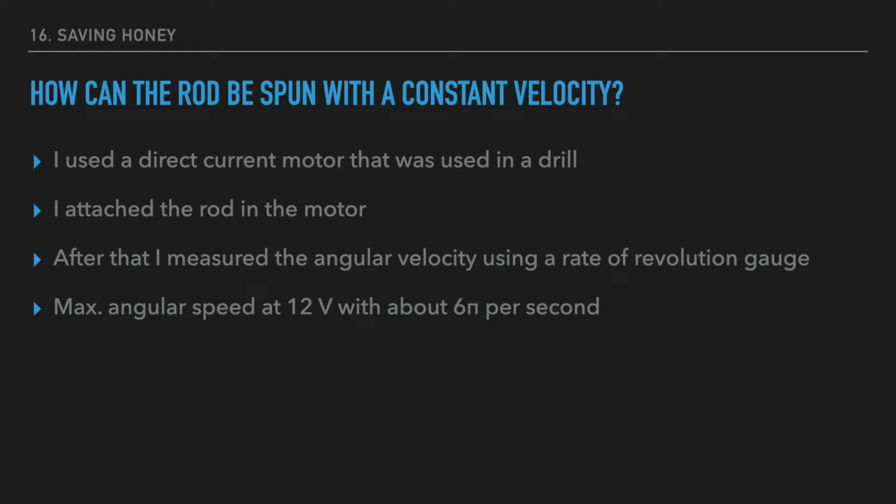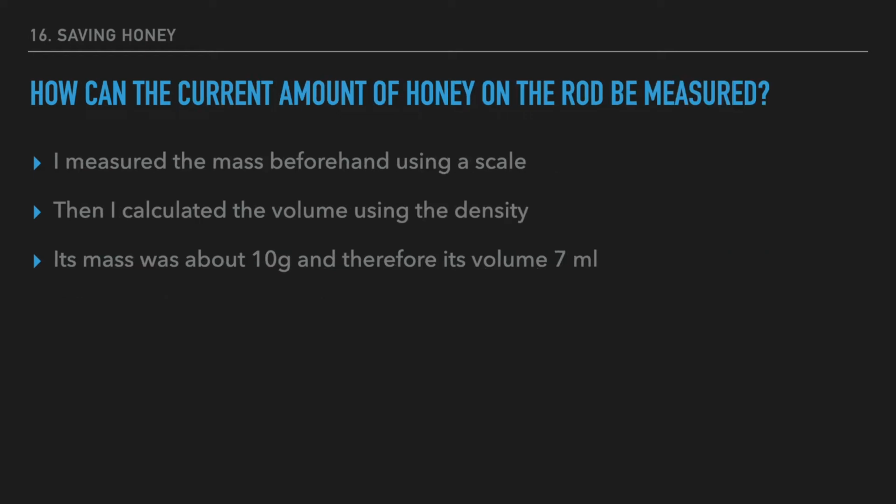The maximum angular speed that I got was 6 pi per second at 12 volt. And how can the current amount of honey on the rod be measured? Well, we did this beforehand. We measured the mass of the honey using a scale, and then I calculated the volume using its density, where we would get a volume of about 7 milliliters.